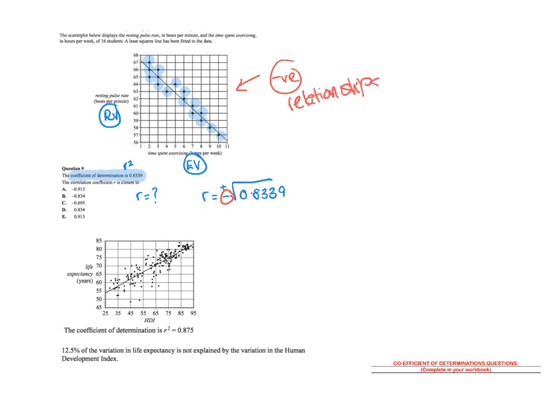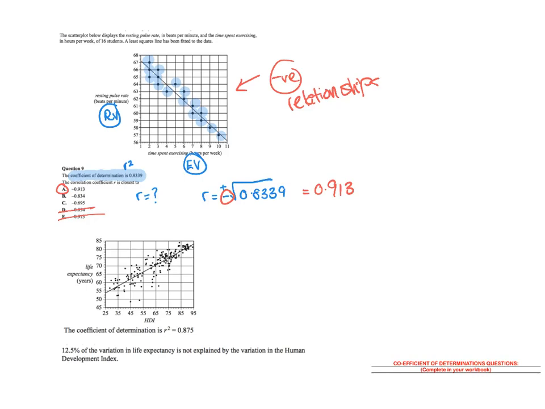When I see that, I can straight away eliminate those two as not correct. Sometimes that can make you quicker in an exam, because you might not even have to calculate it. But if we do the square root of that number, you'll find that it is 0.913 whatever. So A.